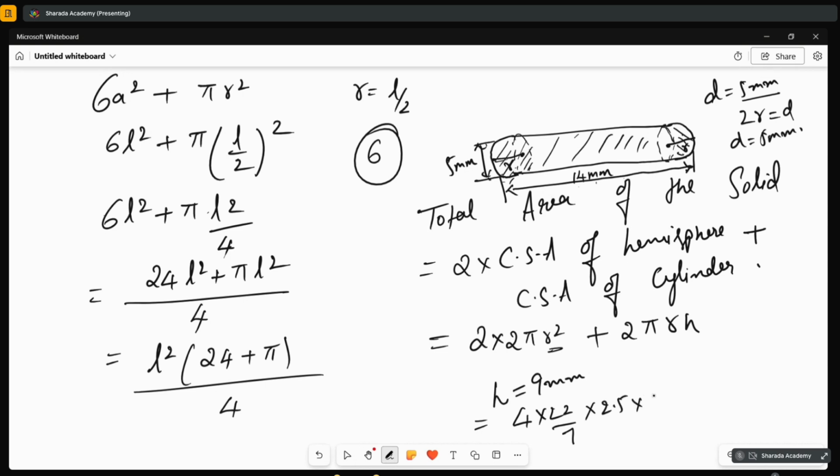2.5 into 2.5 plus 2 into 22 by 7 into 2.5 into 9. Write down this simplification we'll do. Write this. Understood? Correct. 220 is the answer. So what is this? You will get 2 hemispheres, that is 2 into 2 pi r square, plus the cylinder 2 pi r into h.